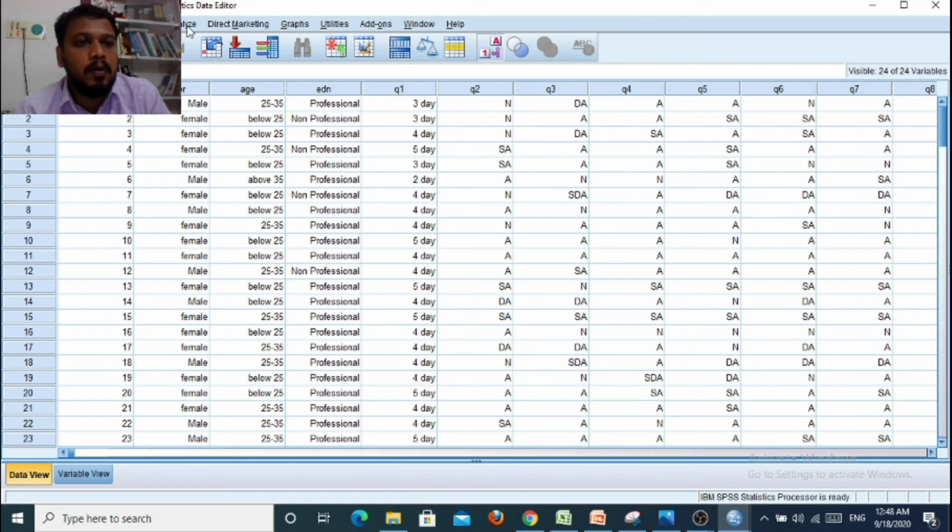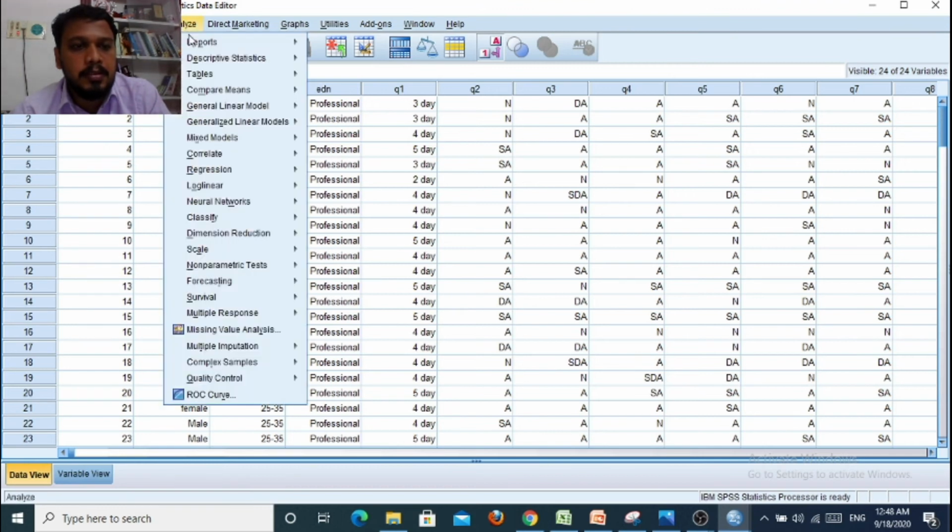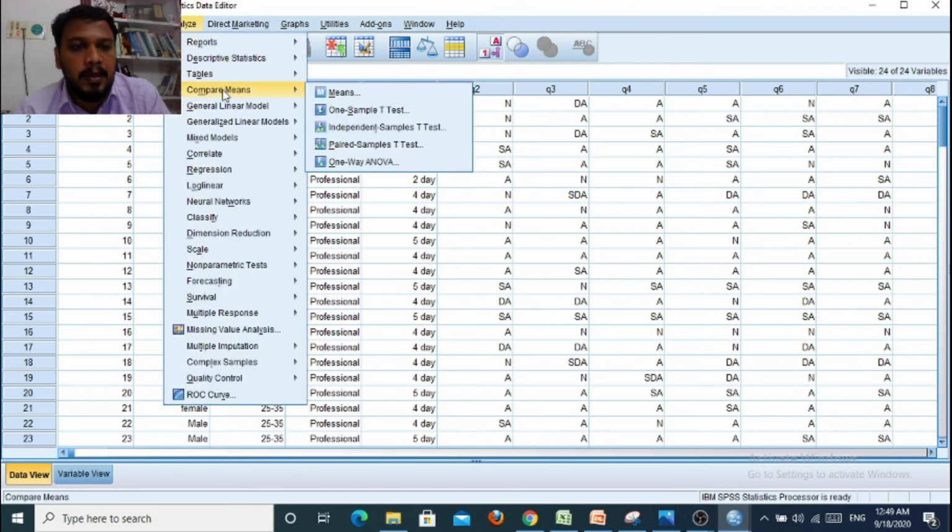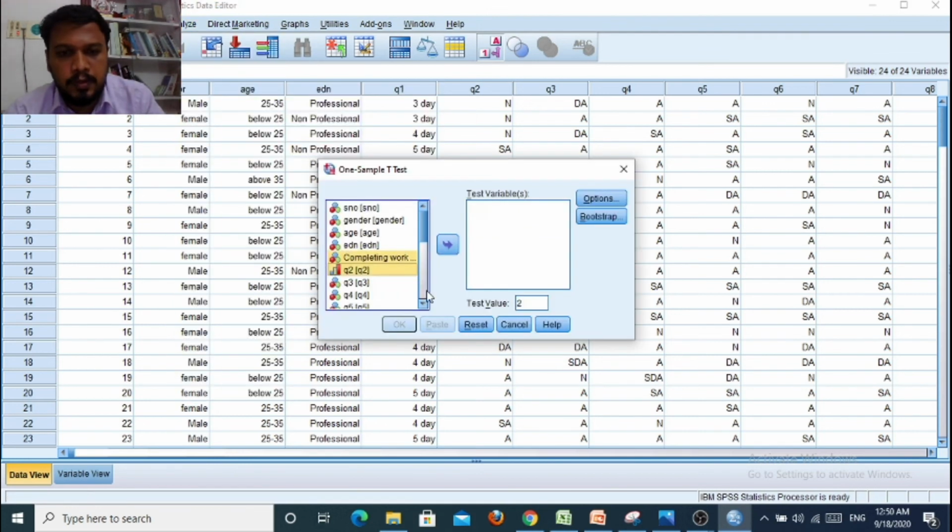Now to perform one sample t-test, you go to Analyze, Compare Means, One Sample t-test. Analyze, Compare Means, One Sample t-test. You click. First you select the completing work variable, which we are going to calculate, and put it into the test variable.